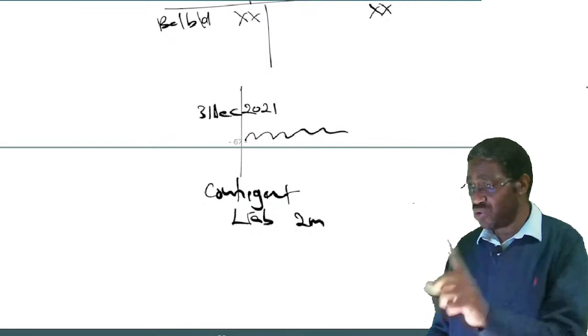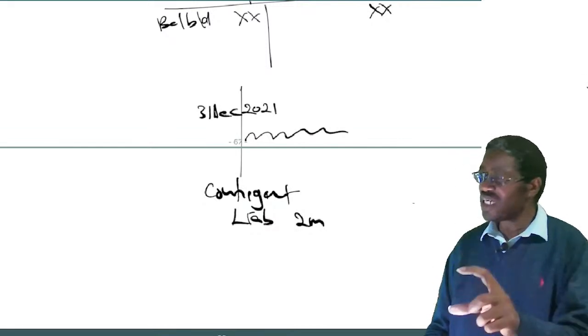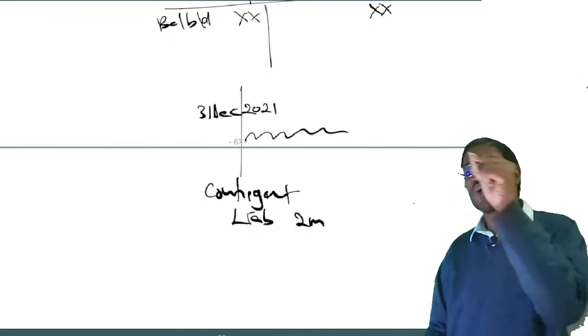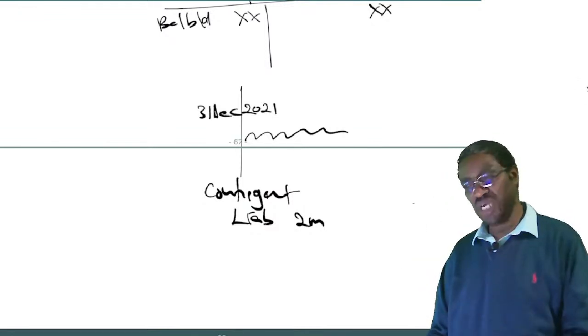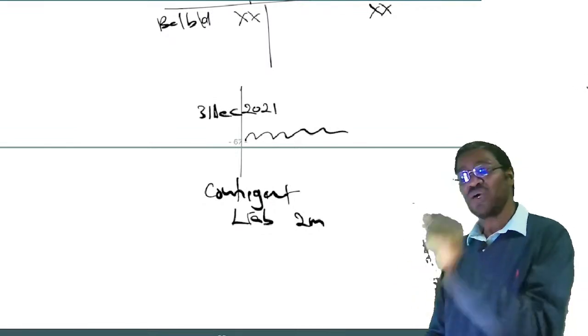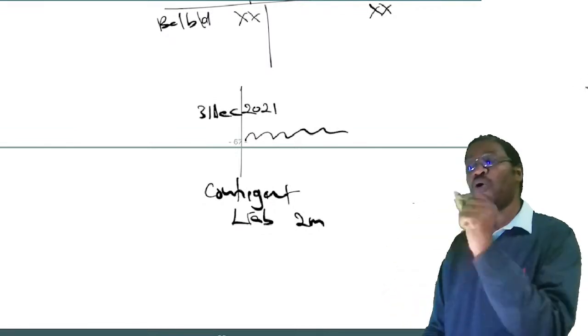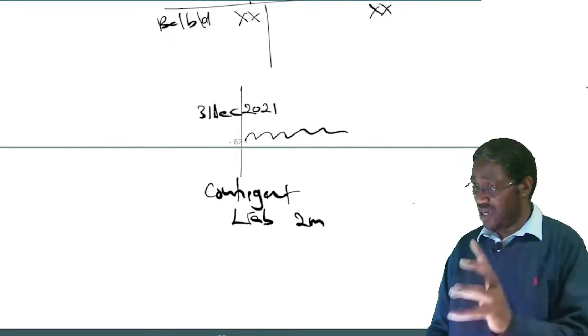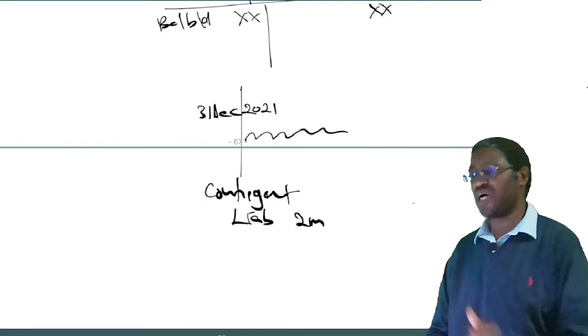So you now know that a contingent liability is that liability which is likely to crystallize in the future depending on the occurrence or non-occurrence of a future event.